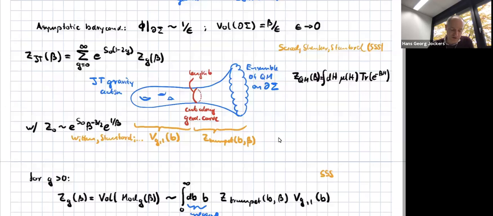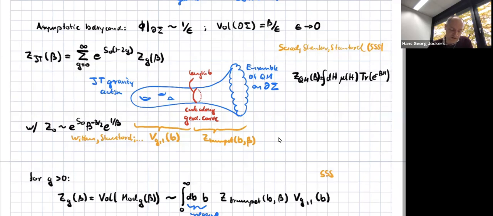This partition function is, if we want to essentially count all possible geometries, right? And how do I count possible geometries? Now I have a continuum of geometries, and a good measure for all possible geometries is going to be the volume of these moduli spaces. So at a given genus with a given boundary beta, inverse temperature beta, we want to count those.